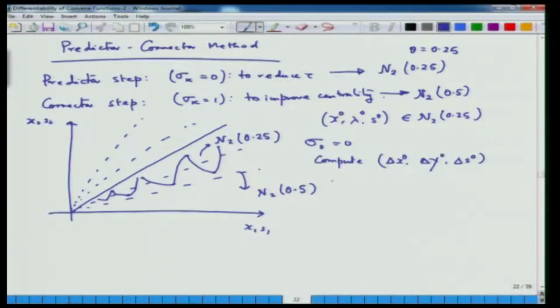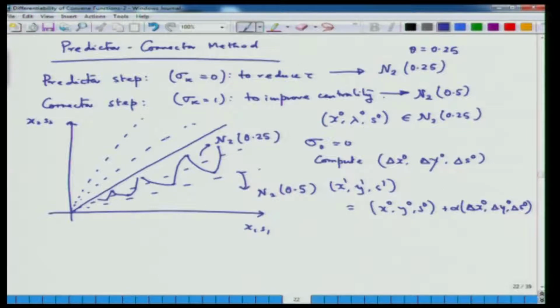Now what you do, your next x1, y1, s1, how do you compute this? This is x0, y0, s0 plus alpha times the direction, you are doing this line search in the x y s space.